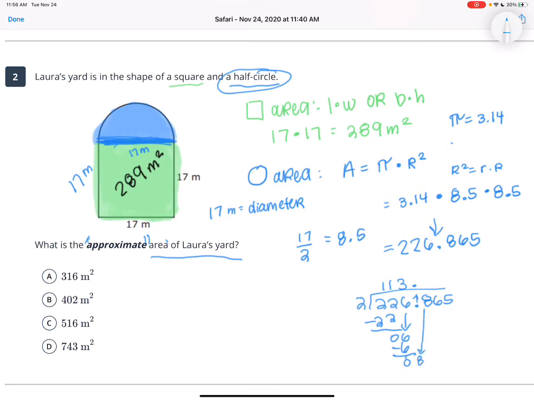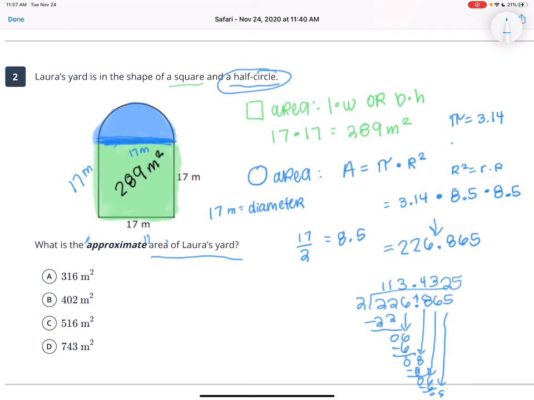How many times can 2 go into 8? 4 times. How many times could 2 go into 6? 3 times. And 5 is 2, and if I keep going, it's going to end up being a 5 at the end.